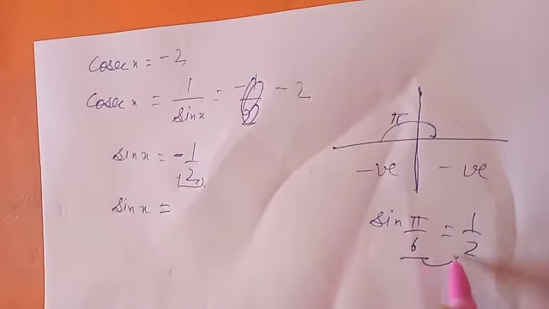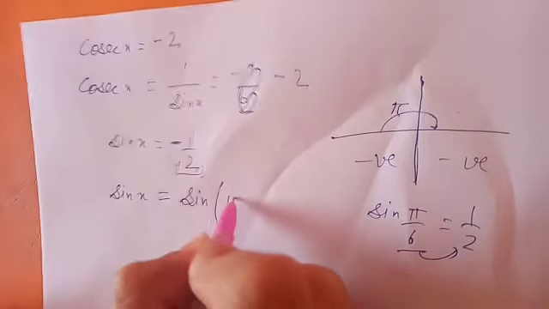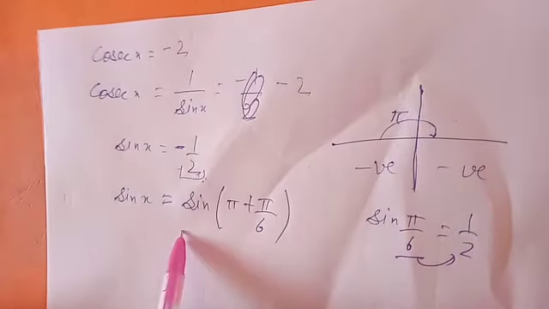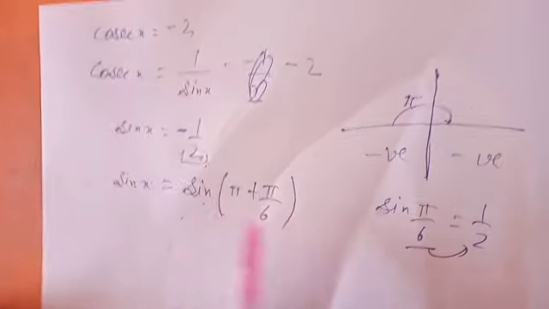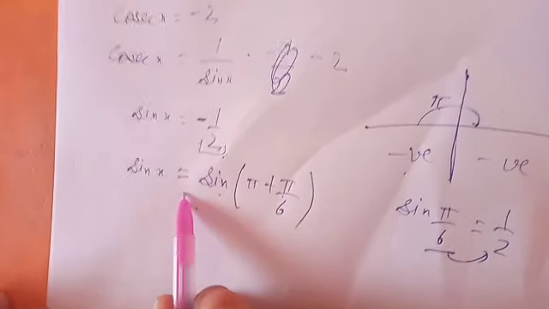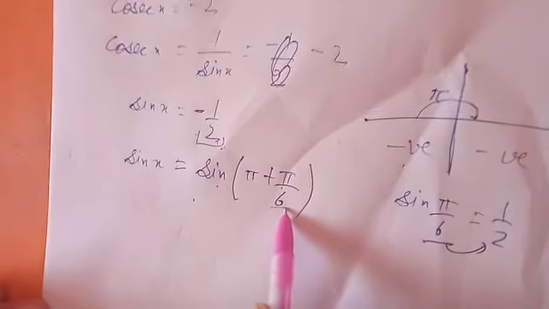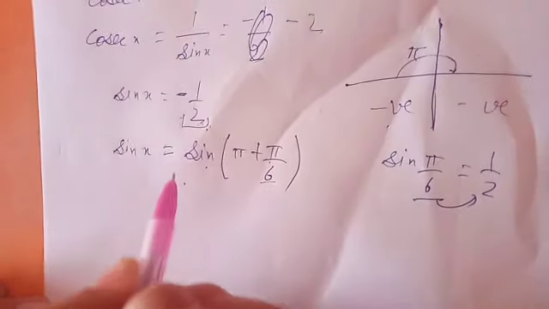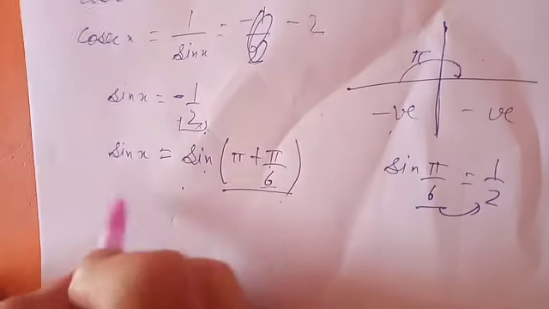So we can write this minus 1 by 2 as sine pi plus pi by 6. At pi phase does not change, it remains sine. Pi plus something means in third quadrant it is negative, and at pi by 6 we are getting the value 1 by 2. So this becomes sin pi by 6.